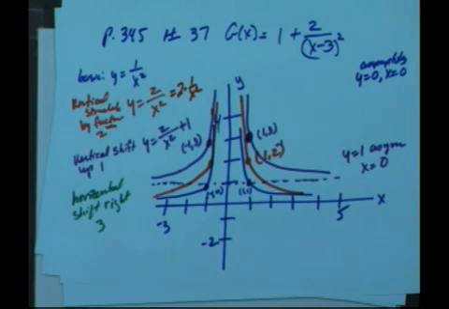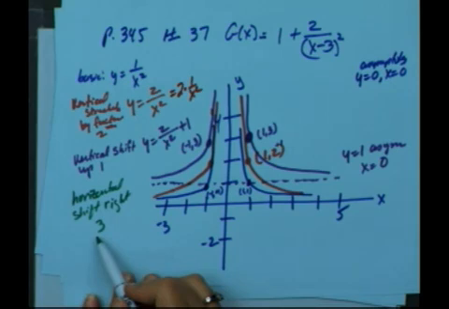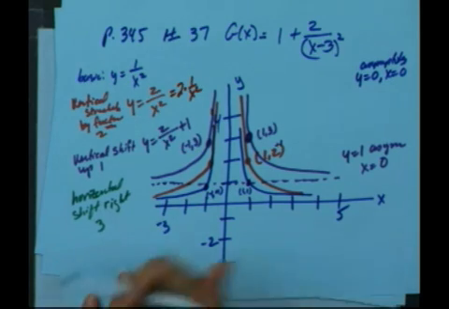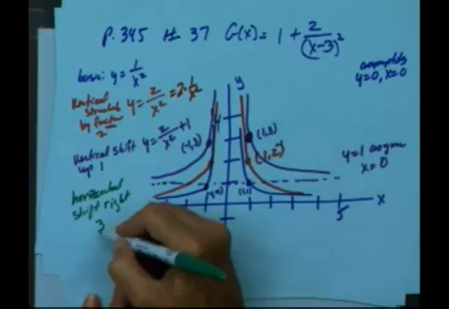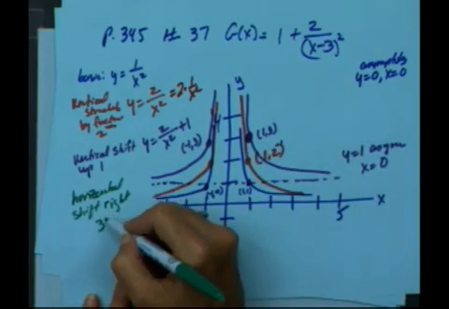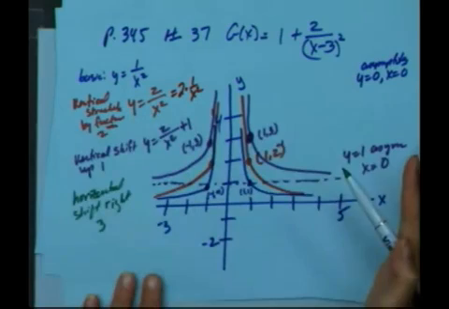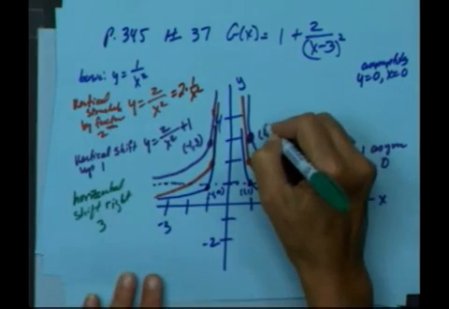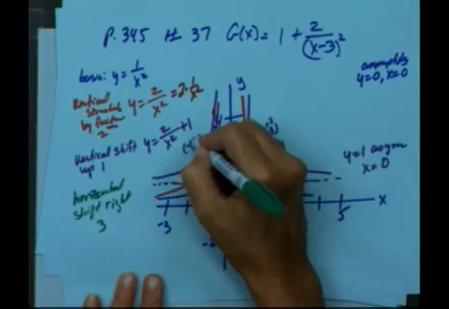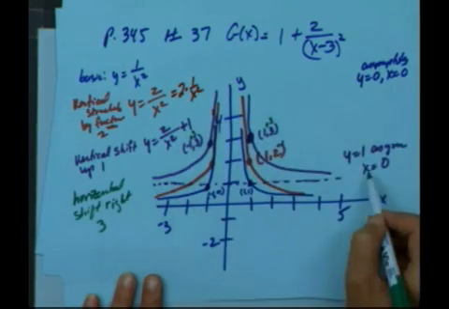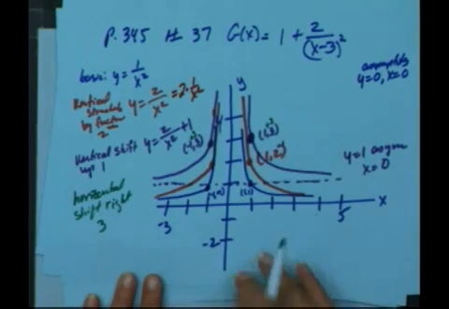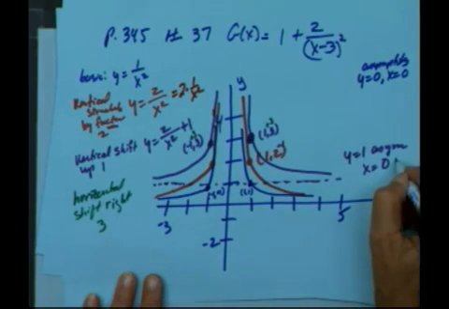All right, horizontal shift to the right of 3. What's that going to do? You're going to add 3 to everything related to x. So you add 3 to the 1 and 3 to the negative 1, and x equal to 0, which is your y-axis, you add 3 to it.